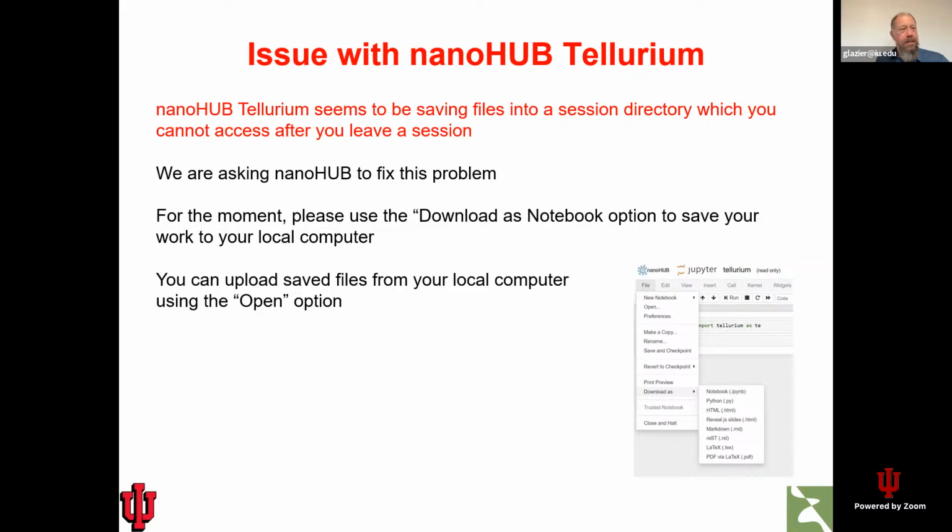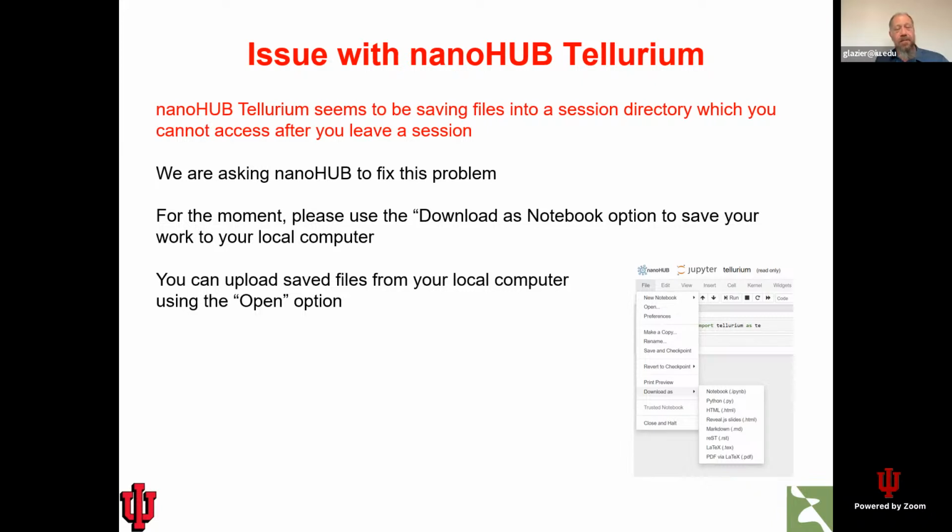The issue is that the directory that should be your user home directory now points to a session directory, and you can't move out of that session directory to save things into your home directory. And when you then leave, the session directory is eliminated.